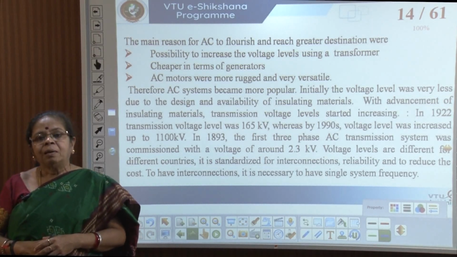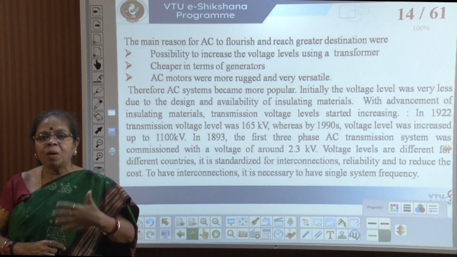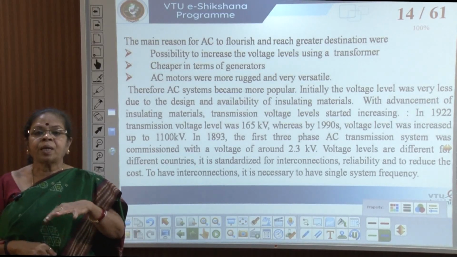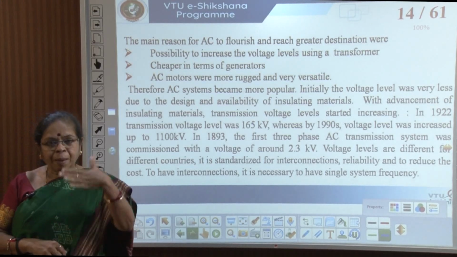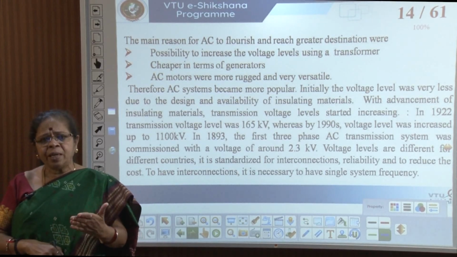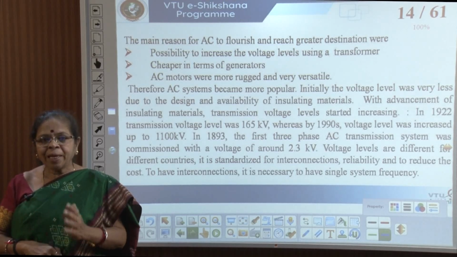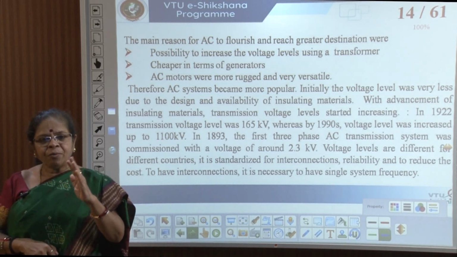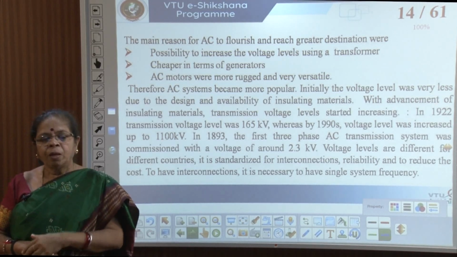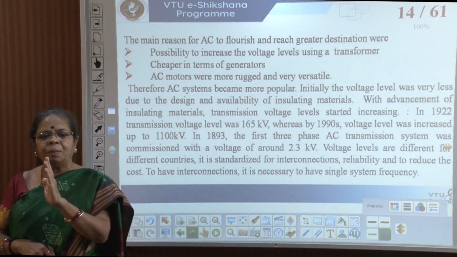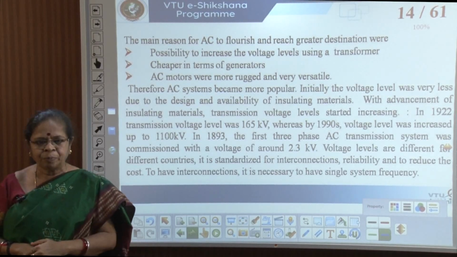Therefore, as transformer material technology advanced, different materials came into the market, different types of core laminations, different types of cooling systems. So, all these over a period led to better and better transformers. So, slowly if you look at the history, the voltage levels of transmission kept becoming higher and higher.